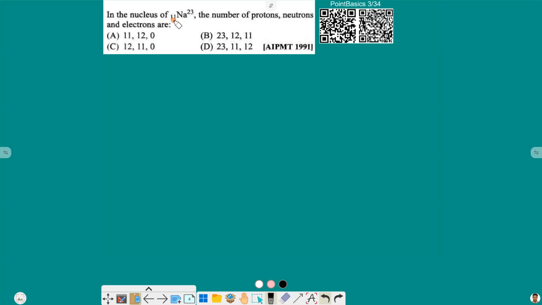In the nucleus of sodium, the number of protons, neutrons and electrons. So this is basically 23, 11. So here protons are 11. This is neutral, so electrons are also 11, and the number of neutrons will be 23 minus 11, that will be 12. So protons 11, neutrons 12 and electrons 11.